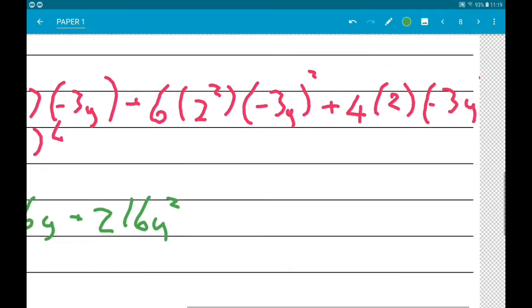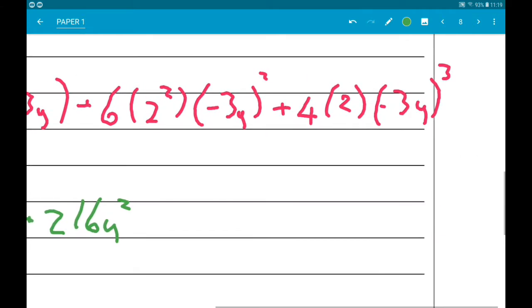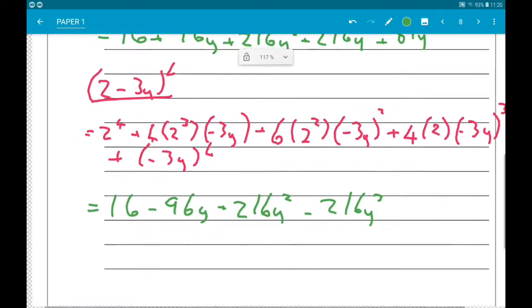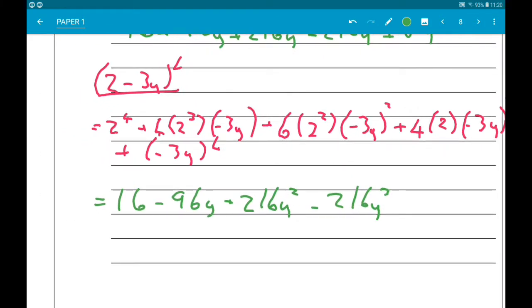And then we're going to get 8 times minus 27y cubed, so again that's minus 216y cubed. And then our final term, minus 3y to the power 4 is 81y to the 4.